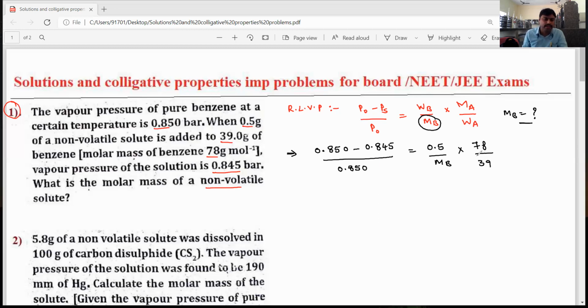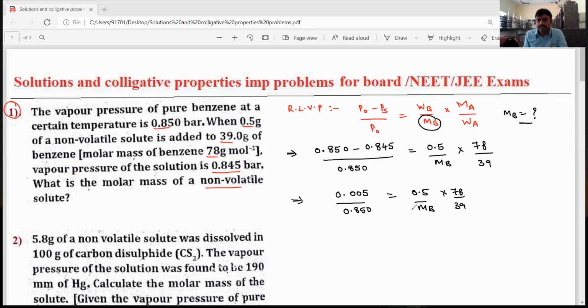Now we need to simplify this. 0.850 minus 0.845 is 0.005, divided by 0.850, equals 0.5 by MB into 78 divided by 39.